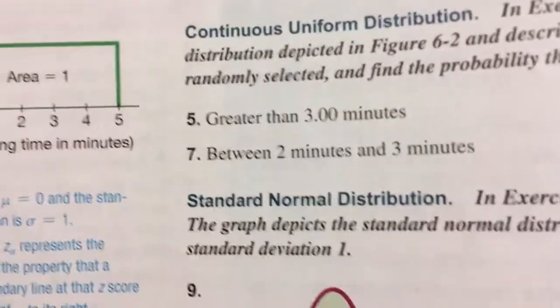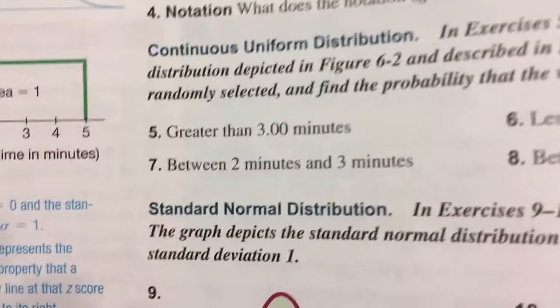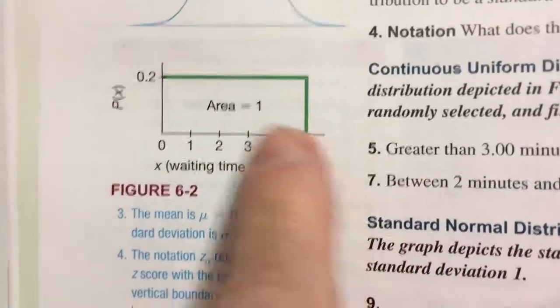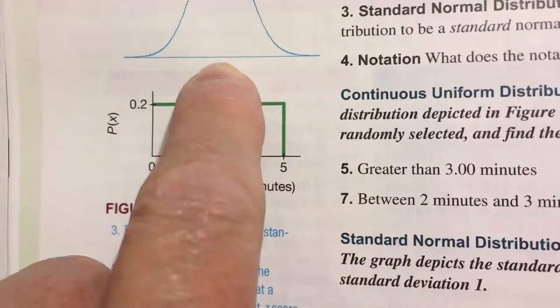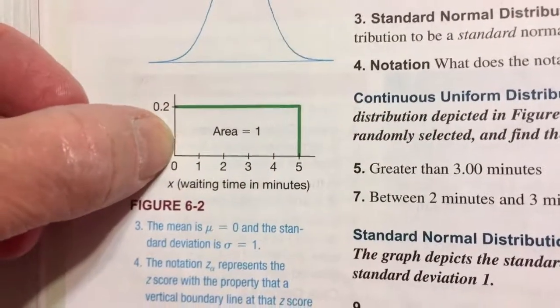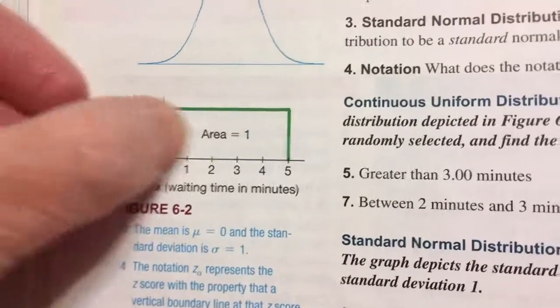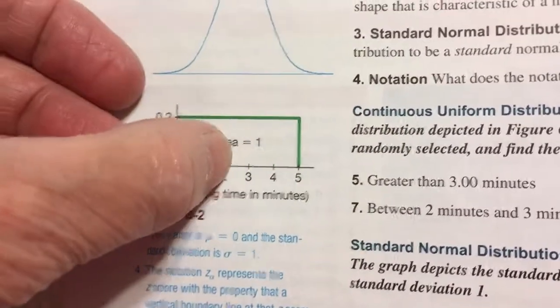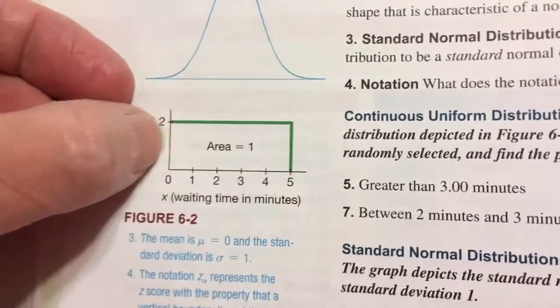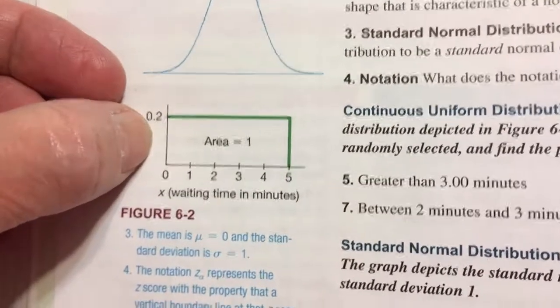Then we're going to do number 7. It says between 2 and 3 minutes. So between 2 and 3 minutes would be just 1 slot of area here. Remember, this is uniform, so it's going all the way across. It was equal probabilities for the whole thing. So between 2 and 3 is 1 slot out of the 5 slots, so it's 1/5.